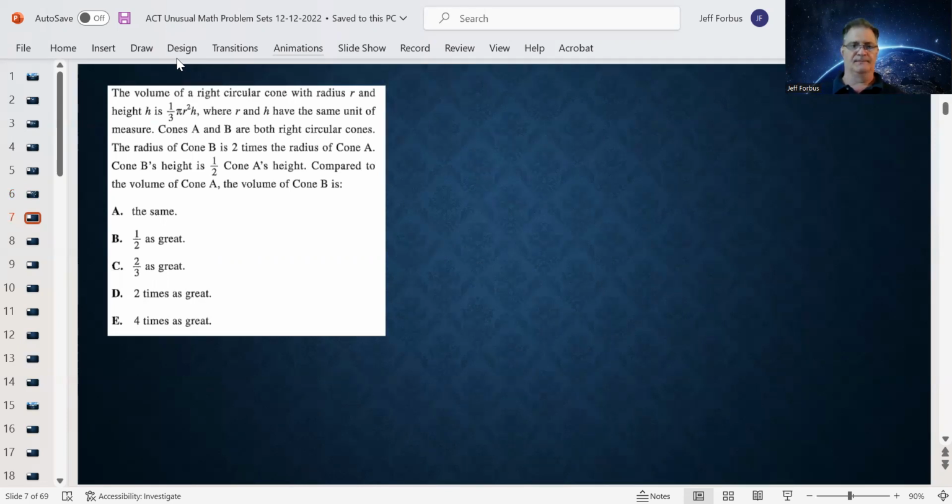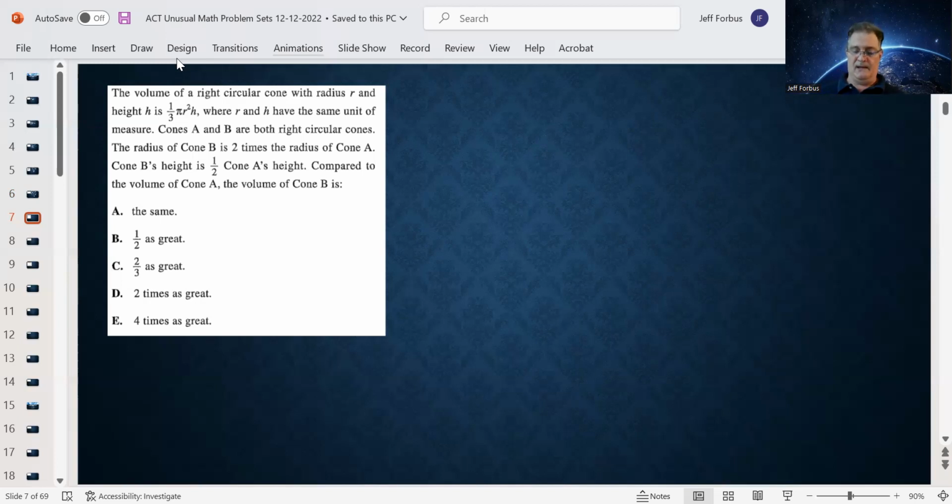So let's read it. The volume of a right circular cone with a radius r and a height h is 1/3 pi r squared h. They give us the volume formula for a cone, and they say where r and h have the same unit of measure.